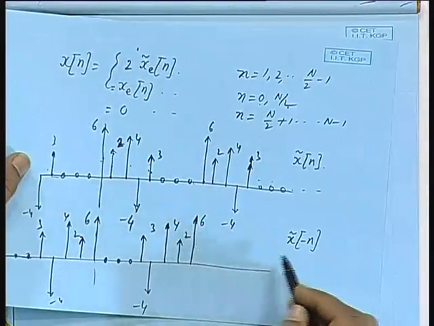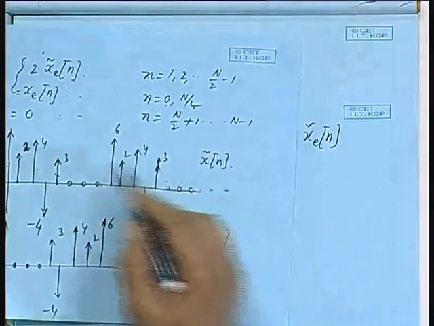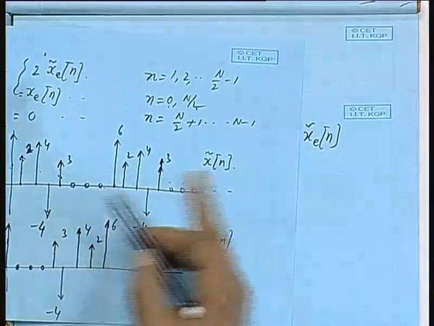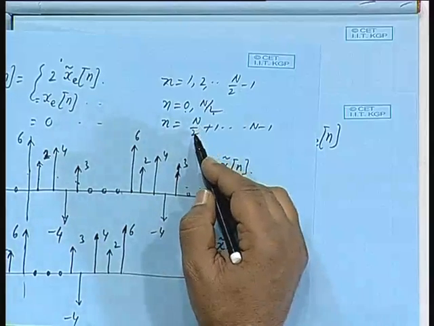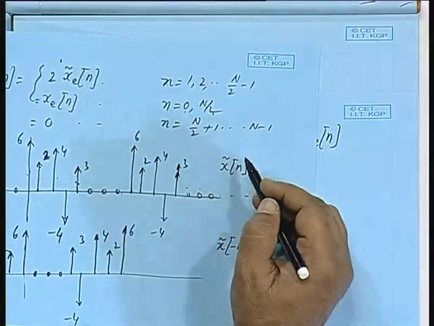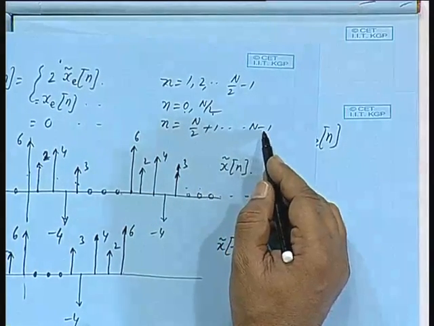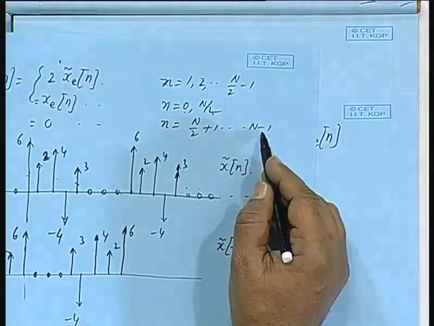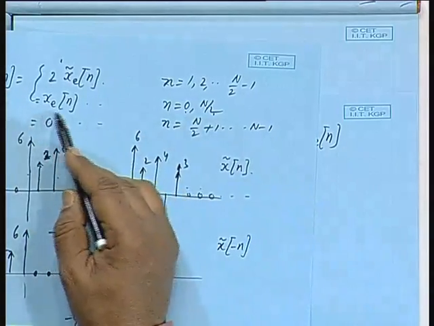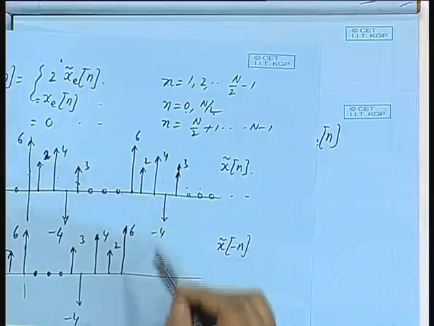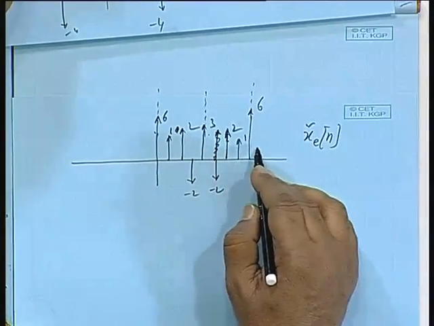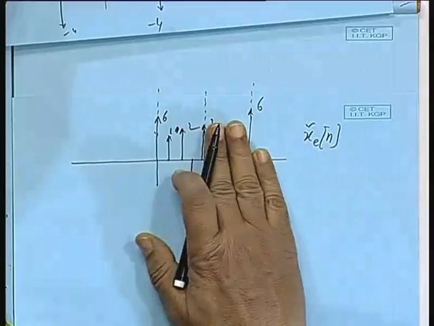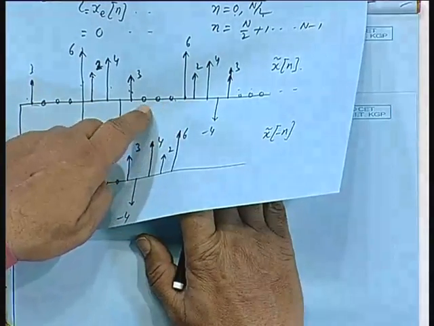So, twice of that even part gives me the original x[n] sequence at other points, and it is 0 for N/2 plus 1 to N minus 1. The original sequence exists only for this part. So, even if x_e[n] is extending up to this, it is twice x_e[n] only up to this point, because in the original sequence otherwise it is all 0.